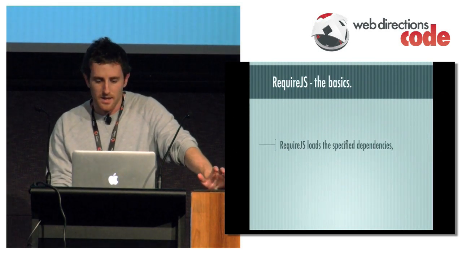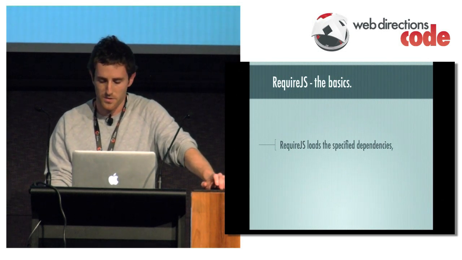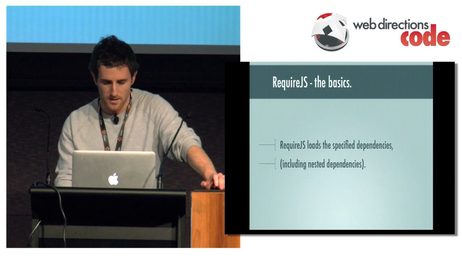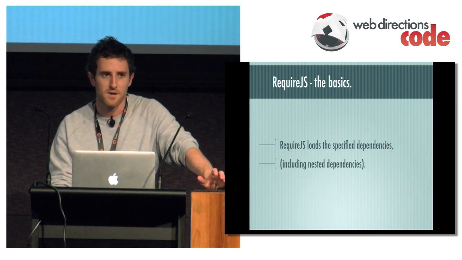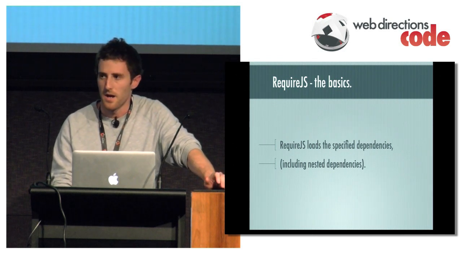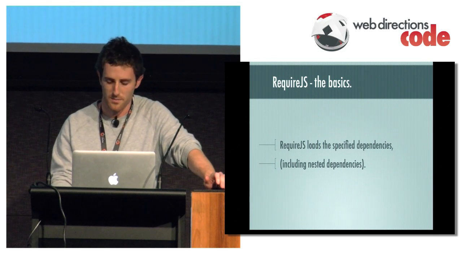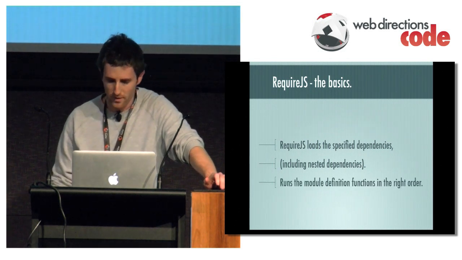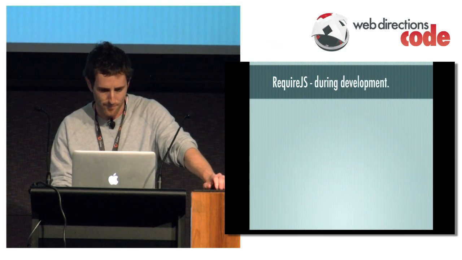Basically, it allows you to load the specified dependencies and modules that your application has, including nested ones. As I said, if you had a couple of things that depend on other things that depend on other things, then that hierarchical tree will be traversed, and all of that will just be sorted out for you, and the definitions will get the parameters in the right order.